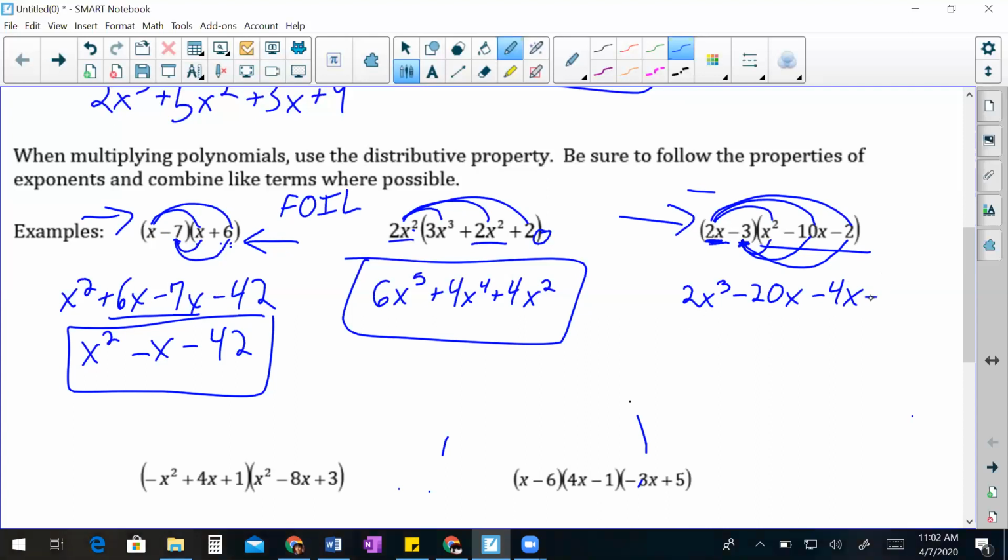So minus 3x squared. Negative 3 times negative 10x gives me negative 30x. And I'm going to write this under here. Negative 30x. Negative 3 times negative 2 gives me negative 6.